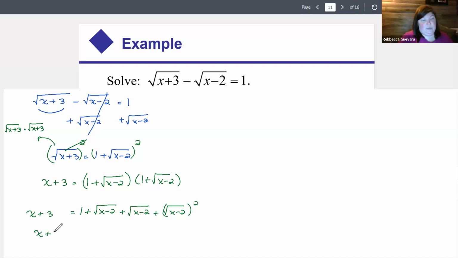So we have x plus 3 is equal to 1 plus 2 times the square root of x minus 2, and then because this radical is all by itself, isolated and squared, we have plus x minus 2. If we simplify one more step, x plus 3 equals x minus 1 plus 2 times the square root of x minus 2.